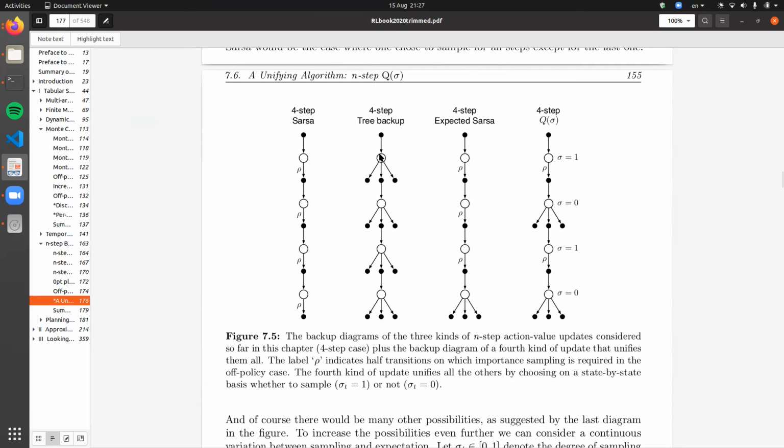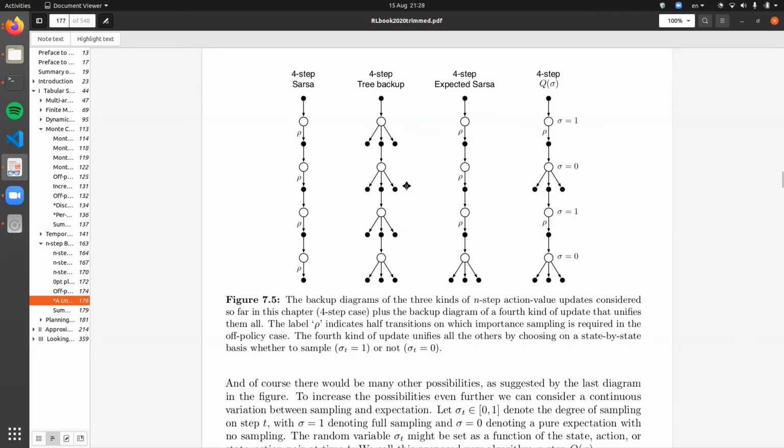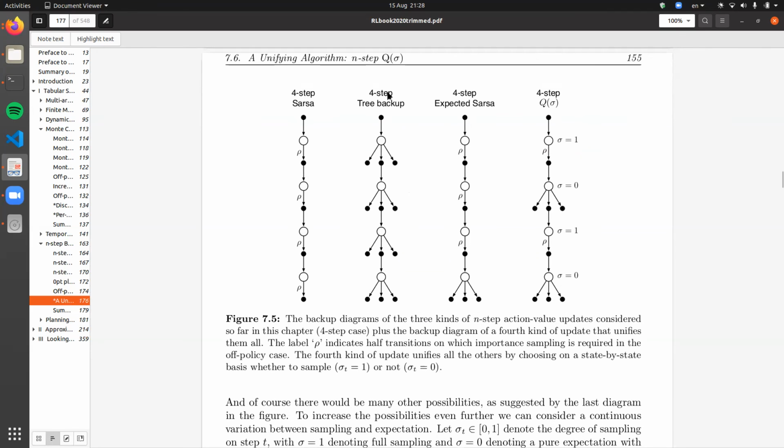Here is the first-step tree backup, and you see here we don't have any kind of importance sampling. Instead, we take an expectation over all the actions that were possible from this state. Obviously this is better, but also computationally much more expensive, right?